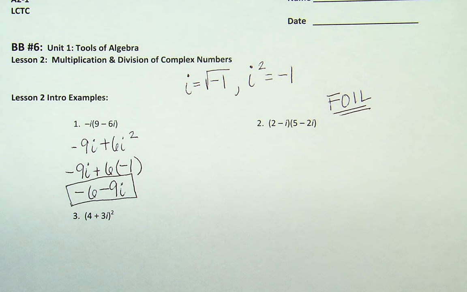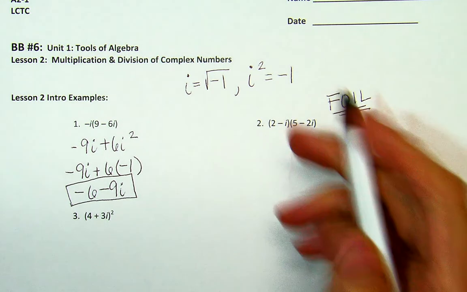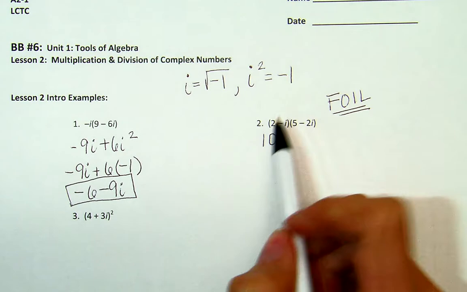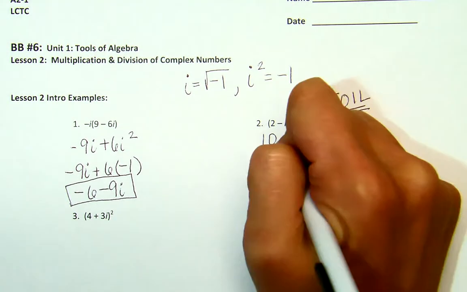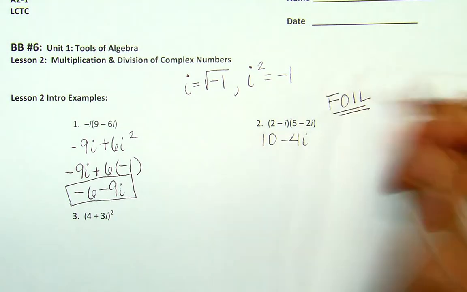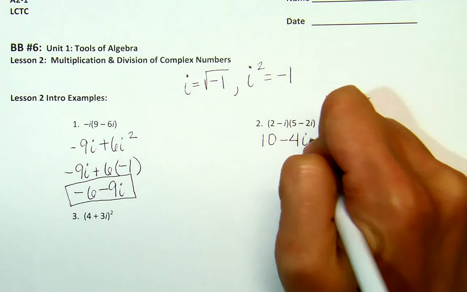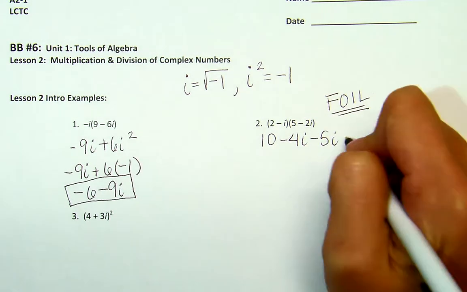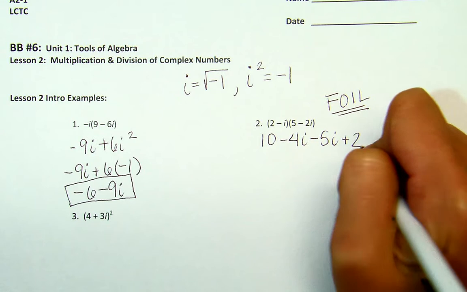So we're going to take those terms and multiply them. We start by taking 2 times 5, which is 10. 2 times -2i, which is -4i. -i times 5, which is -5i. And -i times -2i, which is a positive 2i squared.